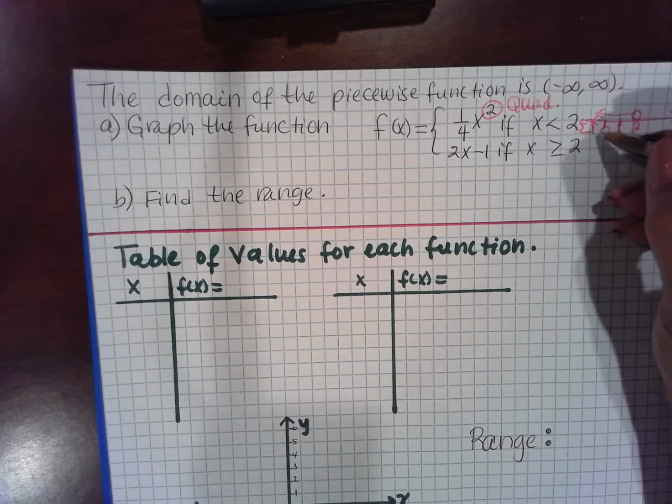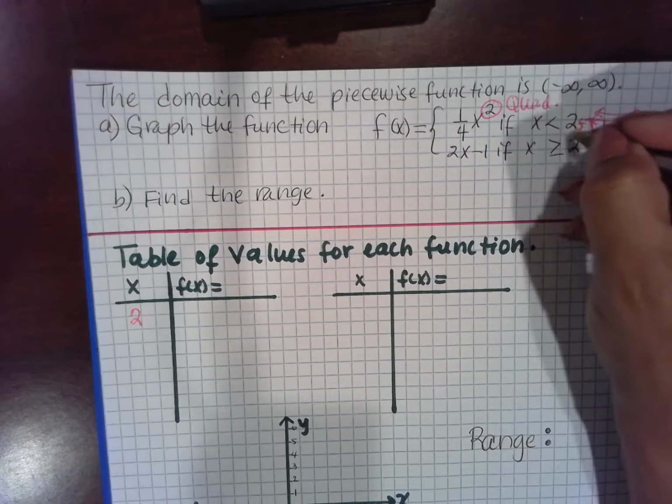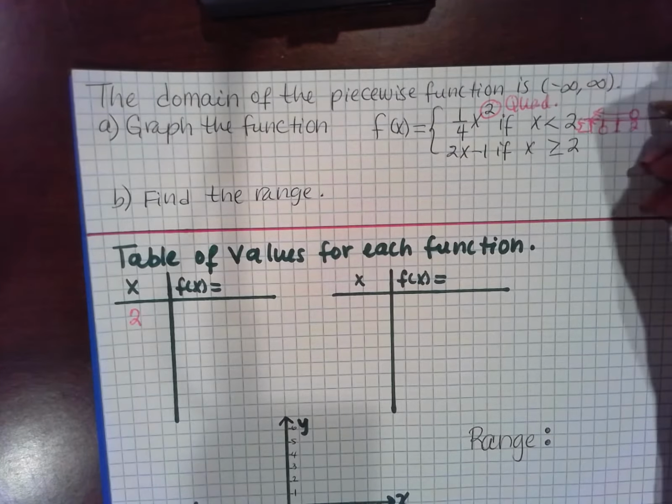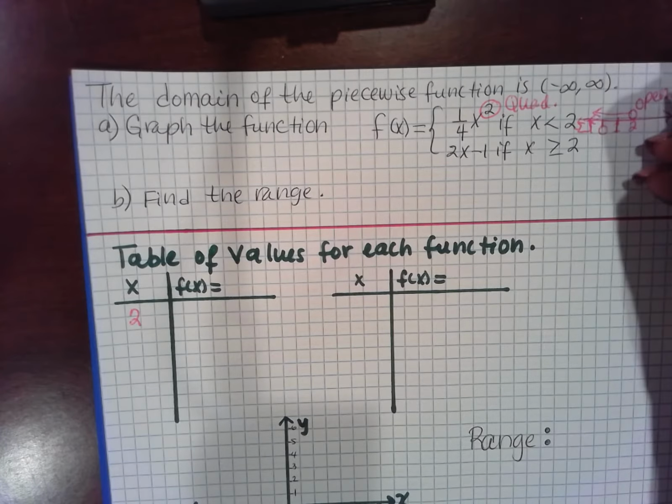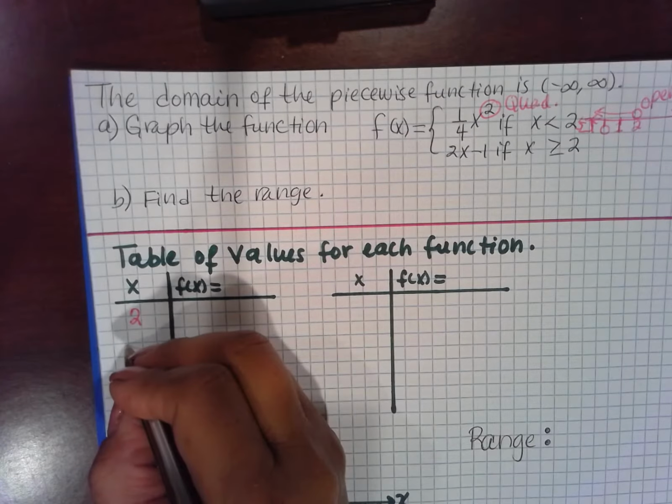So the values that we are selecting for x are starting at 2, and this value is open because it doesn't have an equal bar in the inequality. So it will be 2, 1, 0, -1, and -2.